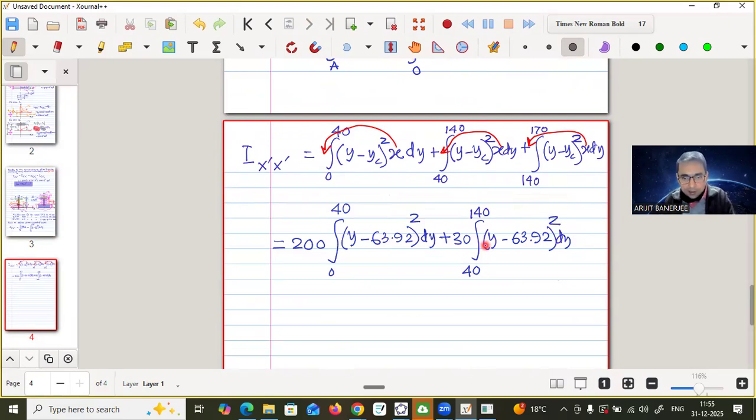Okay. And the third one is 140 to 170. For the third range, x is 100, I guess. And then y minus 63.92 squared dy.